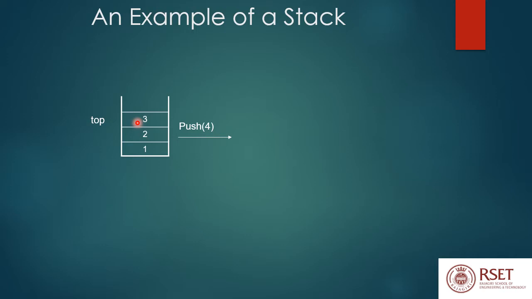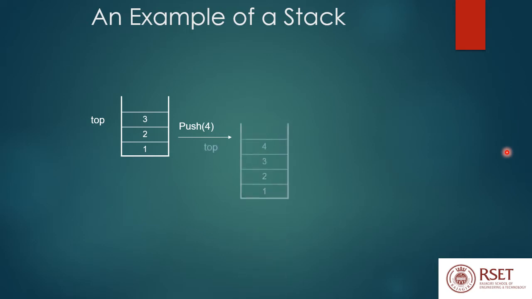You cannot push more elements into it. Similarly, when a stack is empty, you will be allowed to insert elements, but you will not be able to pop elements out, that is, remove elements from an empty stack. That is an underflow condition. We'll be discussing it in the next slide.